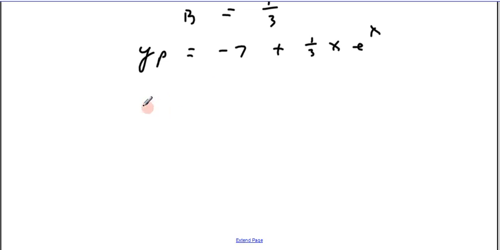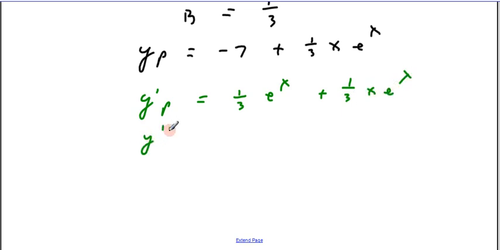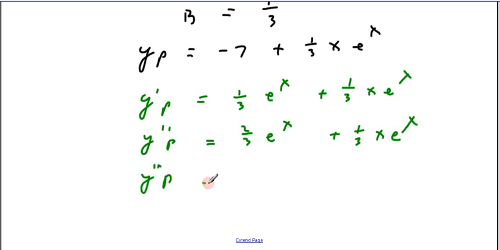Do a quick check. y prime, maybe I can check it quicker than the back of the book can, I don't know. 1/3 e to the x plus 1/3 x e to the x. y double prime, 2/3 e to the x plus 1/3 x e to the x. y triple prime, e to the x plus 1/3 x e to the x.